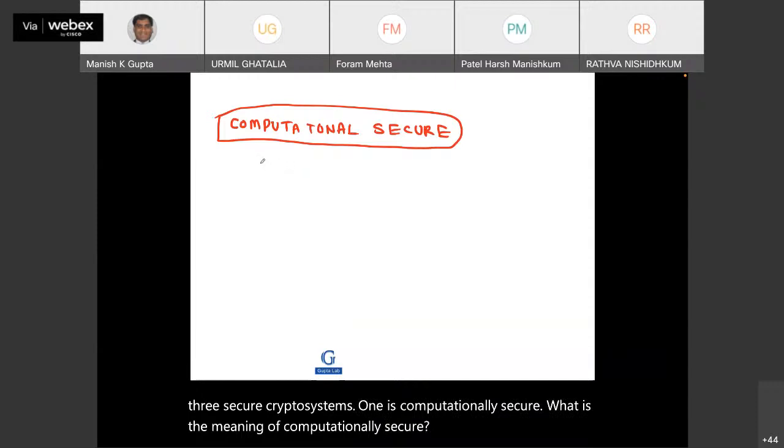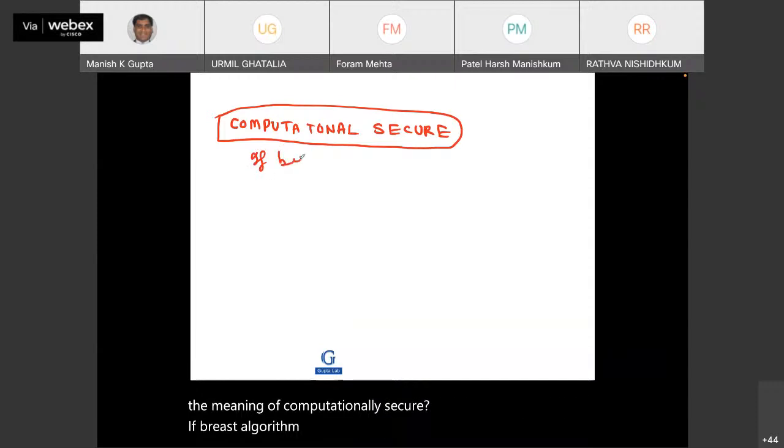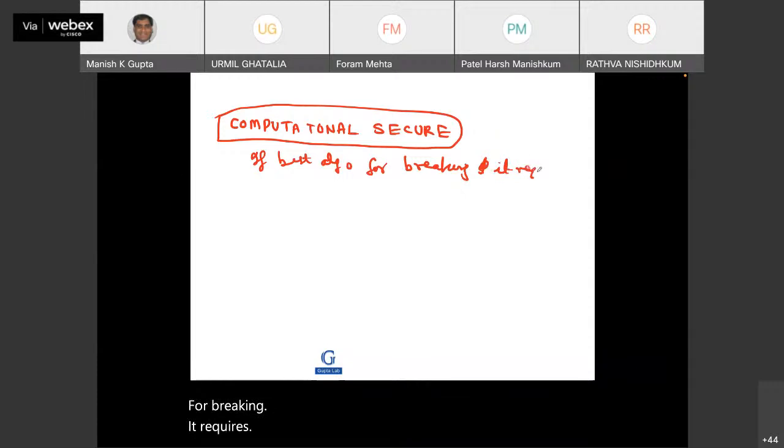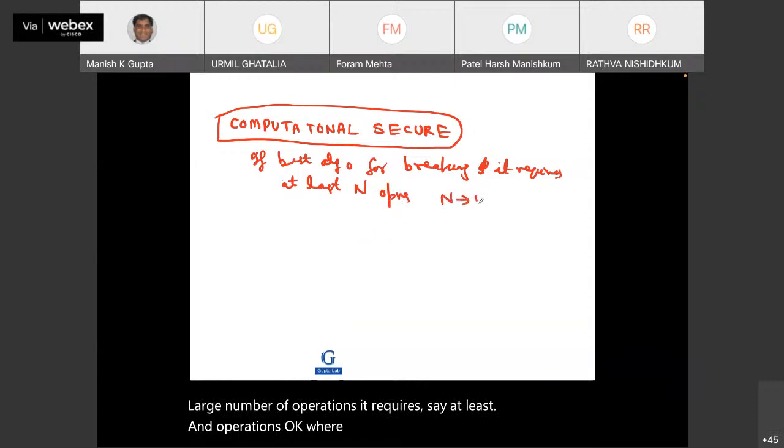If the best algorithm for breaking it requires a large number of operations, say at least n operations, where n is a very large number, then such crypto systems are known as computationally secure.